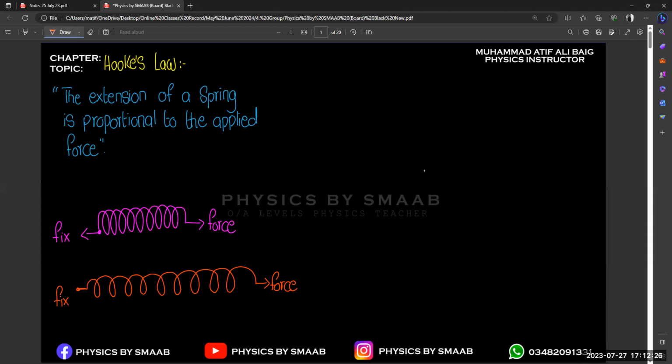But one more important thing is that, let's suppose we try to pull this spring by an external force, or if we apply a great amount of force on this spring, then at some specific value of force, this spring loses its elasticity, and it will become like a straight conductor or a straight wire, right?